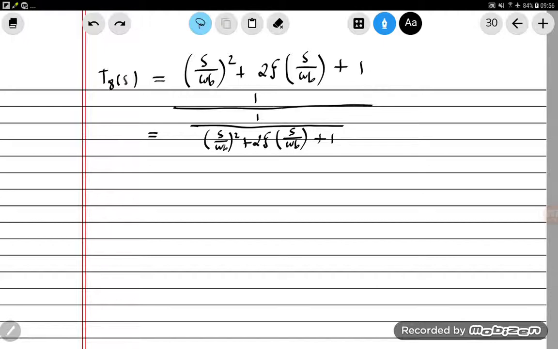So what we are in effect doing is subtracting the transfer function of a constant and dividing that by the transfer function that has a pair of complex poles.